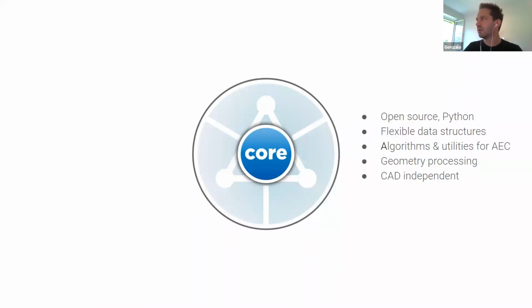So COMPAS core is an open source library written in Python. What it contains is a bunch of flexible data structures and algorithms for research in architecture, engineering, and construction. And it also contains a geometry processing kernel that is independent of CAD.